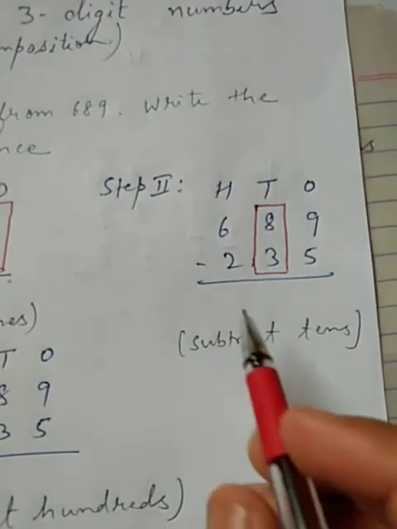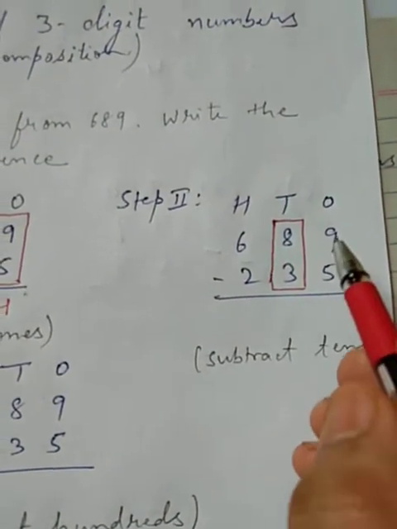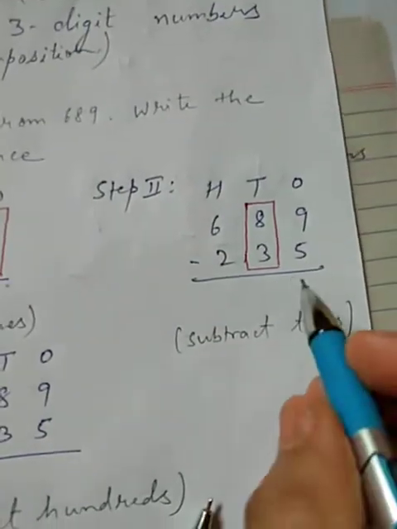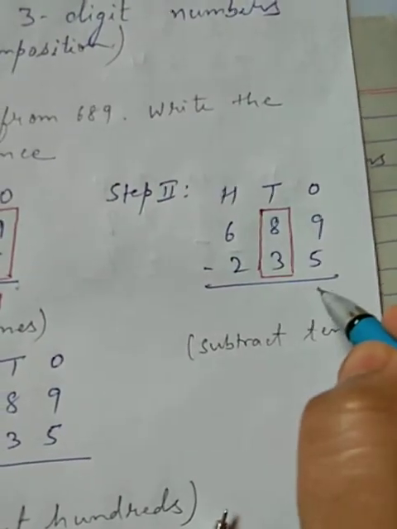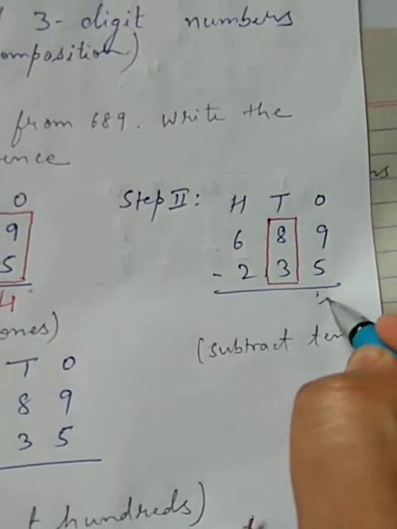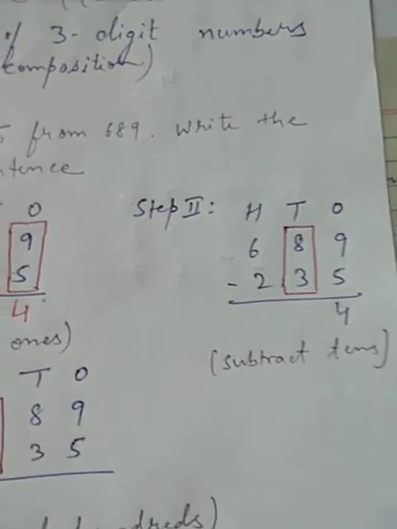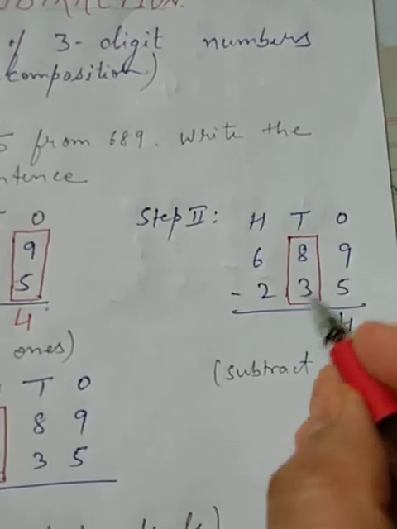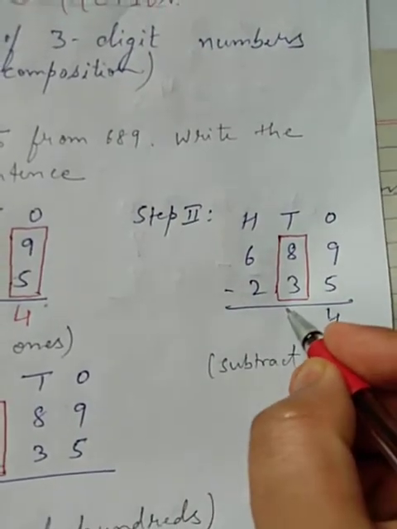In the second step, we will subtract the tens place only. Already we have subtracted 9 minus 5 and got 4, and in this step 8 minus 3 will give you 5.